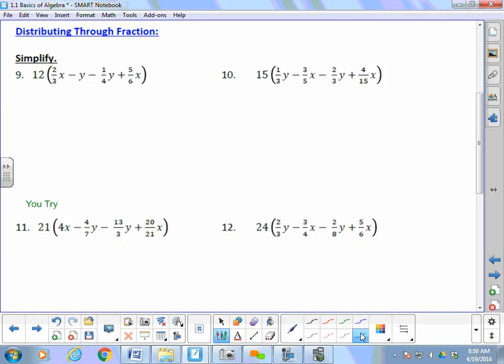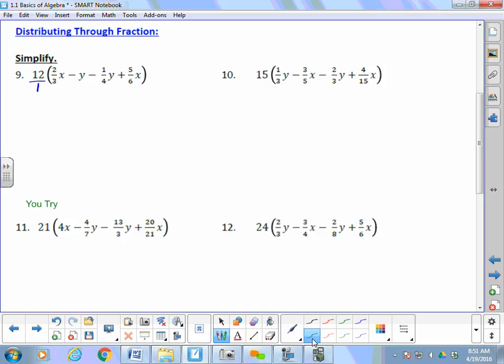So you have two options here. One is to understand that they're all factors of 12. The other is to remember that this is 12 over 1. So, if need be, I'm going to do this twice. Actually, I'm going to do 9 one way and 10 the other way. I'm going to do 9 as if I don't know that those are factors of 12.